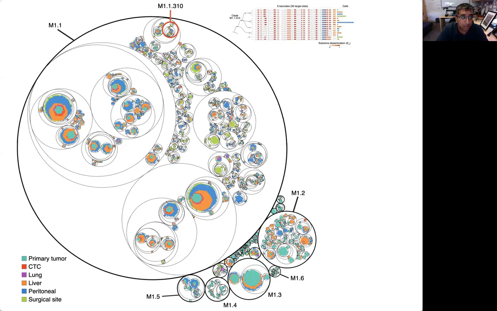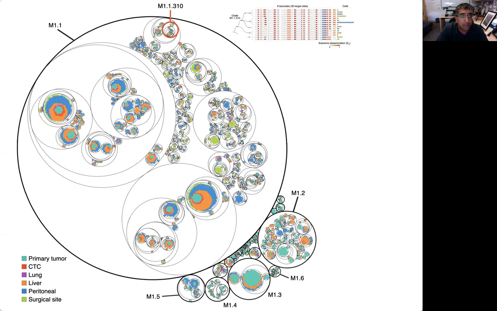So the different cells that were injected. So M1.1 is that big circle. And then the more lightly outlined circles represent subclones or sub-subclones or sub-sub-subclones within that major clone. And here they're colored by the site at which each cell was found, right?